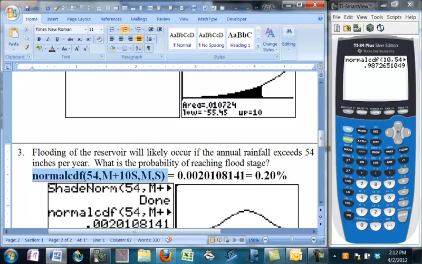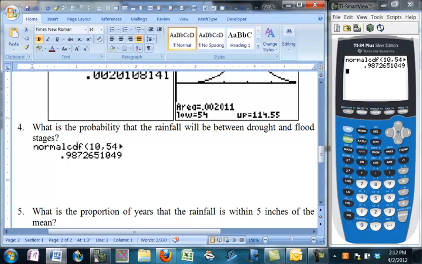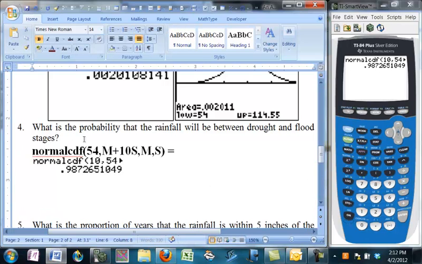Make that a little bit bigger for you to see it. And in this case 54 is the upper bound and 10 the lower, and that's over 98%. About 98.7%.